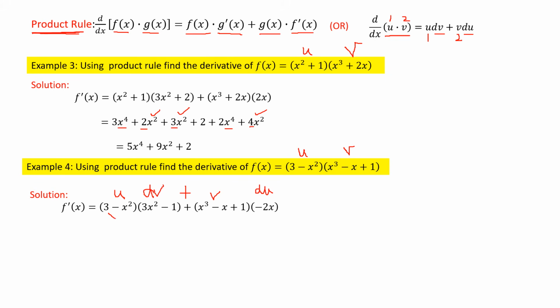And then we simply multiply every term like this. We will get this one. By collecting the common terms, we will get the final answer as minus 5x power 4 plus 12x power 2 minus 2x minus 3.